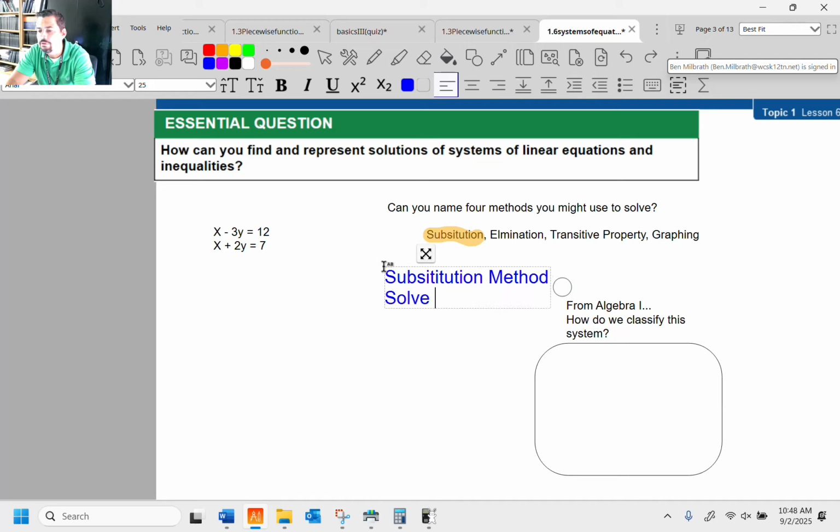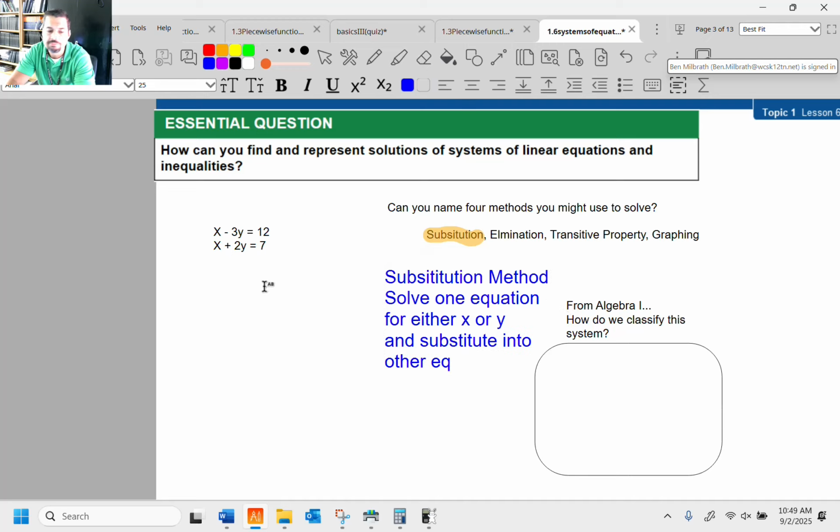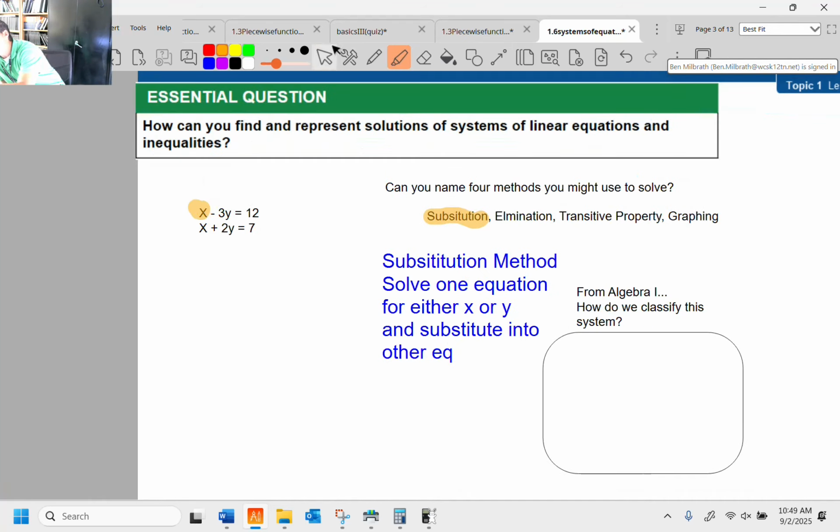you solve one equation for either x or y, whichever one's easier, and substitute into the other equation. So I'm going to solve the top equation for x because it looks really easy to do. It's just a simple shift right.